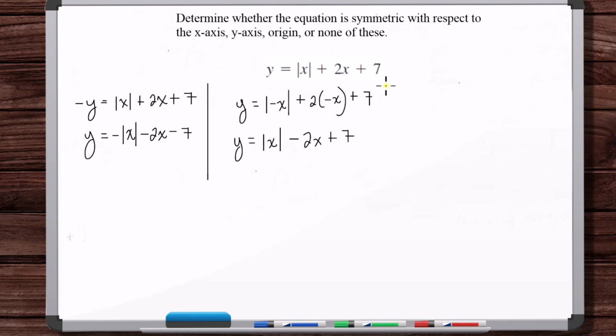That is not the same equation. Okay, now let's check symmetry with respect to the origin. And again, so the graph where we did this, if we check the equation for this, this would be a no, this would be a no, but this would be a yes. So, minus y.